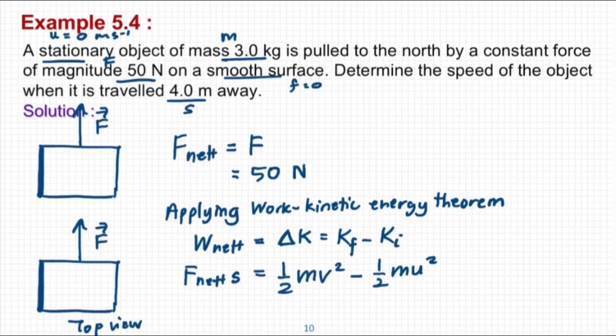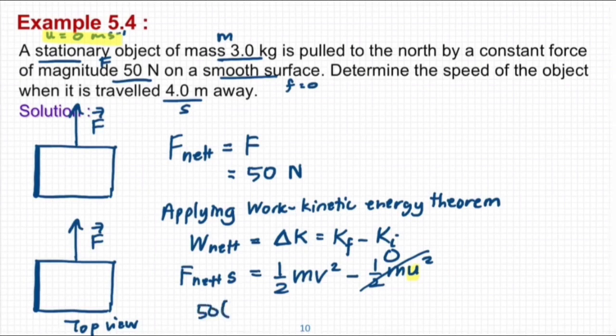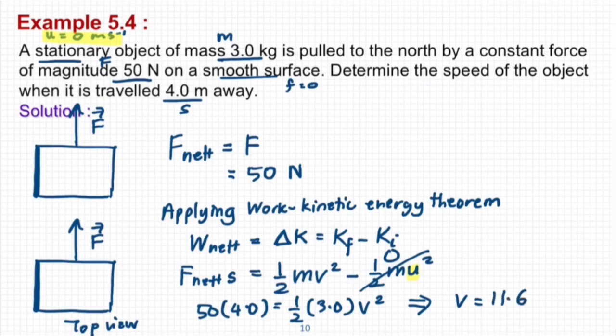Now remember that the object is initially stationary, so u is equal to 0, hence our Ki will be equal to 0. So we are left with F net S is equal to half mv squared. And then what we have to do is just substitute in all the values that we have in order to find V. And solving this will give us V is equal to 11.6 meter per second.